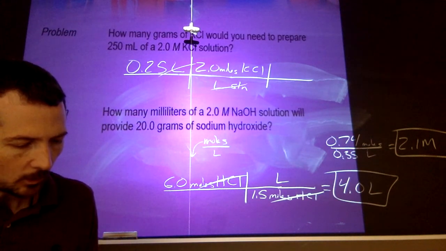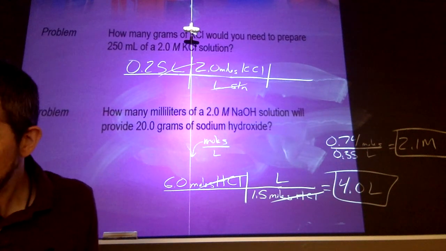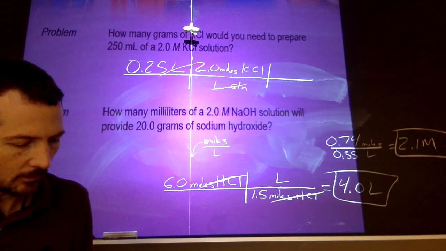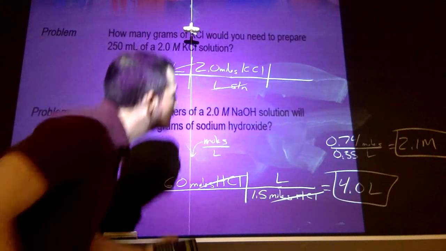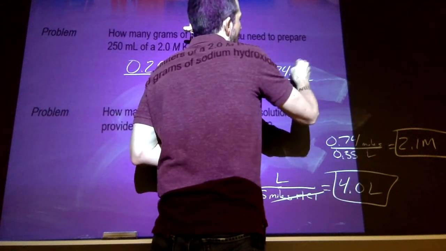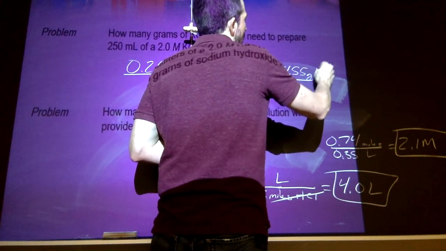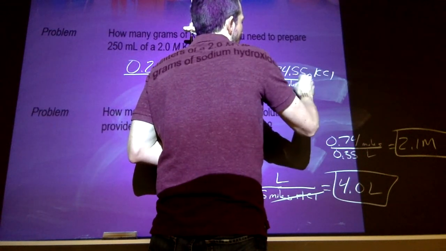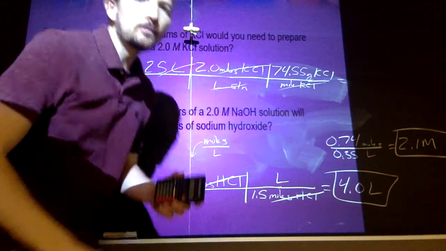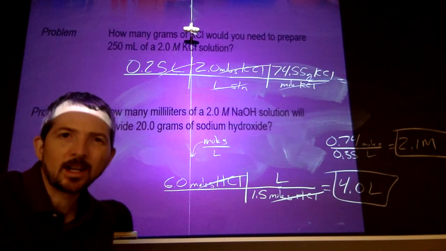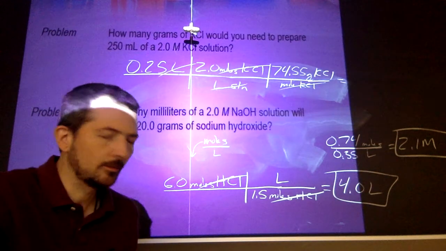So 39.1 for potassium, 35.45 for chlorine, 74.55. That way my moles cancel out and I'll be left with my answer in grams.